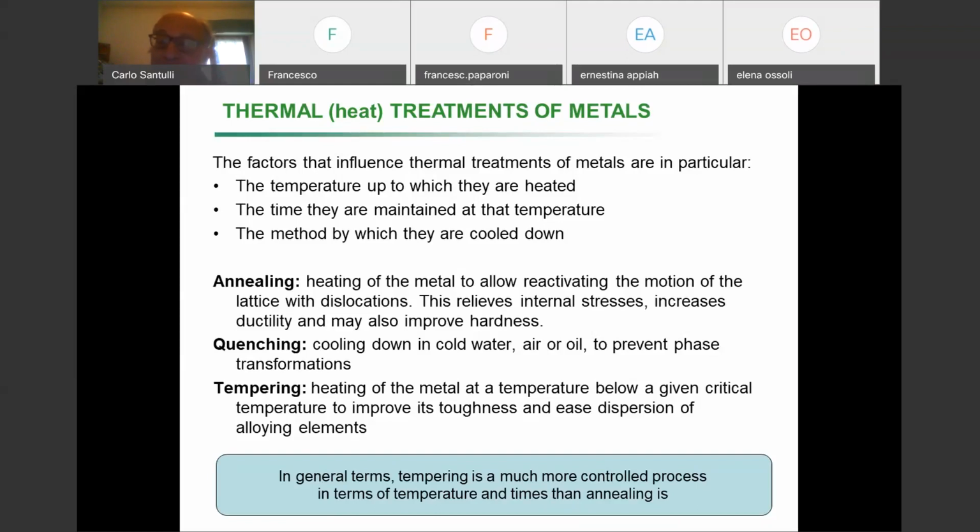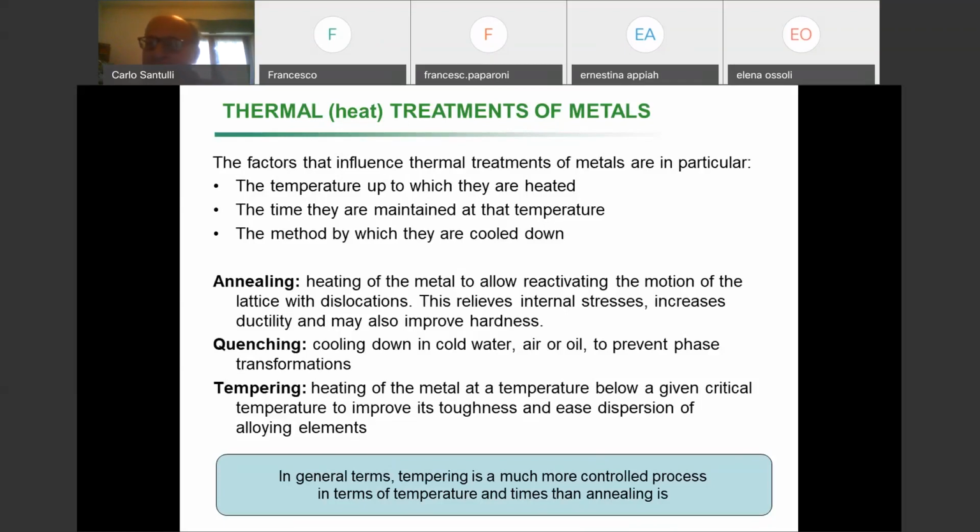So with metal, we have different options which influence, of course, the time and also the presence of internal stresses. I can do that in cold water, so it's going to be fast. And in oil, in air, of course, or I can even send an air stream.